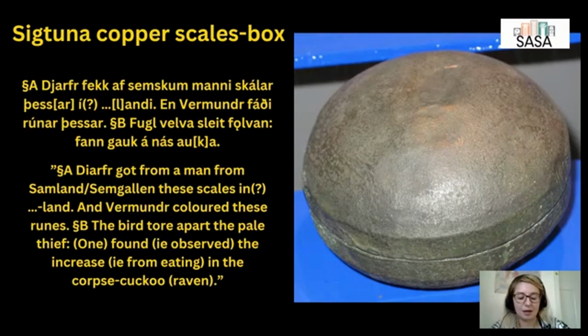It was not really an easy endeavor. So the warning on the Sigtuna box again cautions against the desecration or stealing of memorial objects or memorial stones, and it belongs, like the runestones, to this category of preventative magic. It acted like a deterrent, in other words.